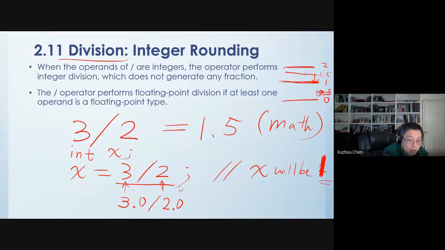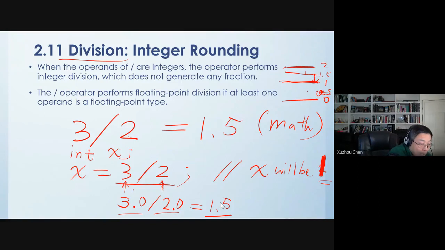But Java is stupid because it's a computer language. When Java sees 3 and 3.0, Java stores these two numbers in different ways. With 3.0, Java says, oh, this is a floating point number, and this is also a floating point number. So the result is going to be 1.5, a floating point number, so that should be fine.